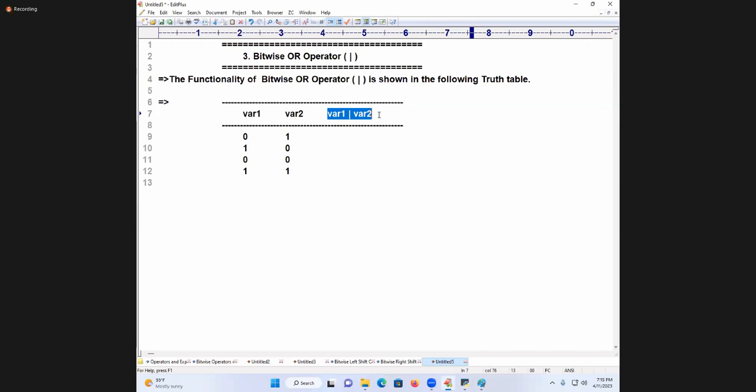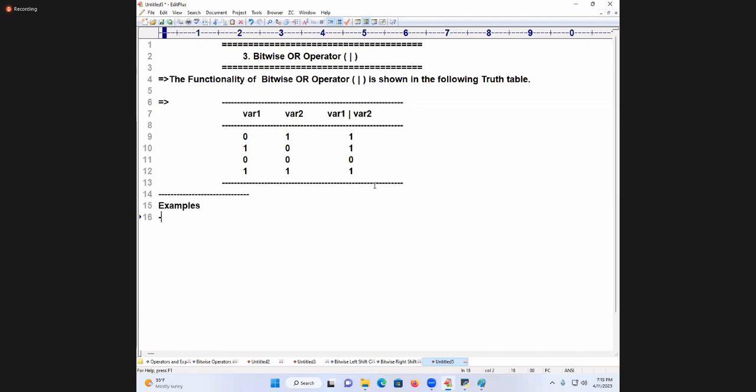Any one of the bits is 1, result is 1. 0, 1, 1, 1, 0, 0, 0, 0, 1, 1 and 1, 1 or 1. That's all. This comes under what operator? Bitwise OR operator.